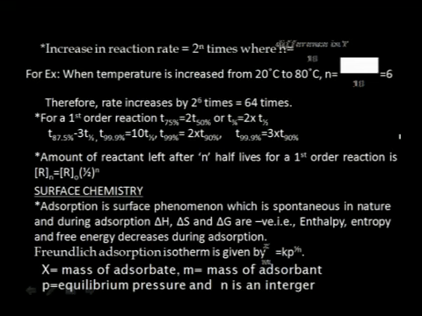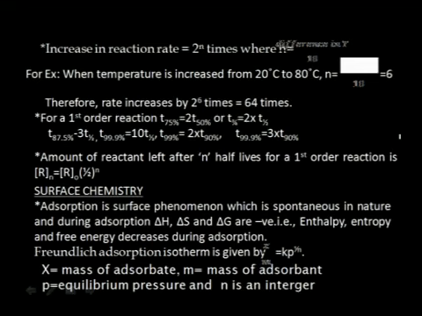And then in question number 9, when you plot a graph of log K and 1 by T for the first order reaction, we get a straight line. The slope of this line is given by the Arrhenius equation, log K equals log A minus Ea by 2.303 RT, and this equation resembles y equals C plus mx.